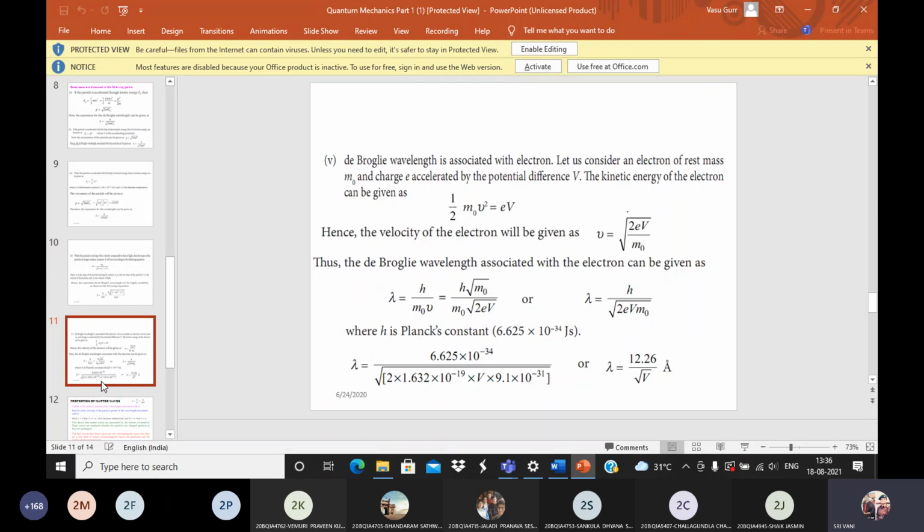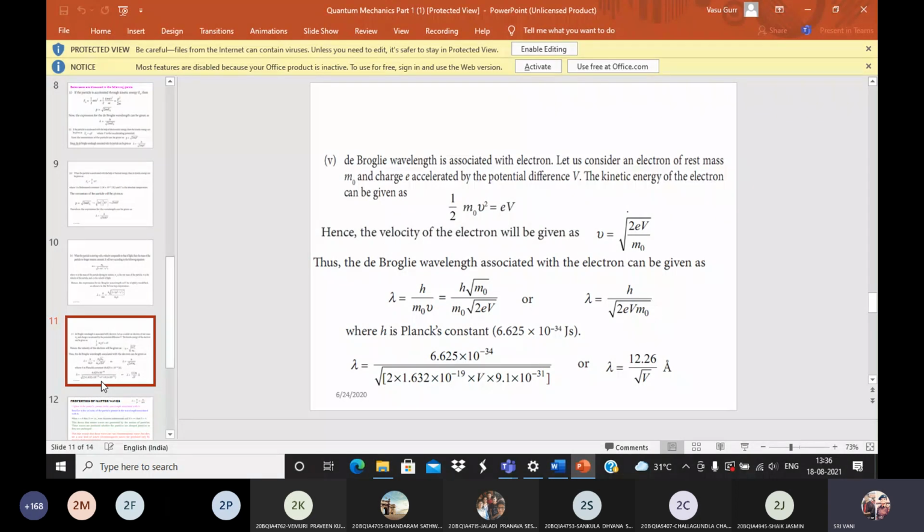Here root V, already we have 5 volts, you can substitute it directly. By simplifying all the remaining constants given in the formula, the h value, m value and e value, we get the model 12.26 in angstrom units by root V. So this can be written as h by root of 2mqV, or by simplifying the h value, m value and q, we get 12.26 by square root of V, that is the potential.